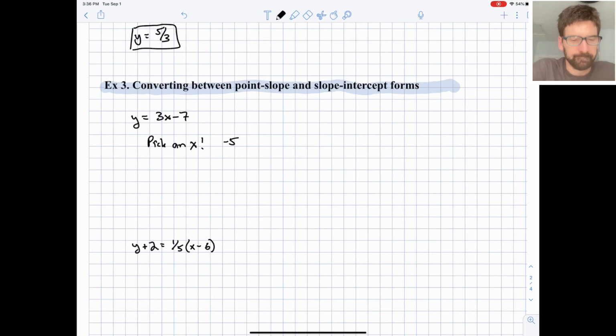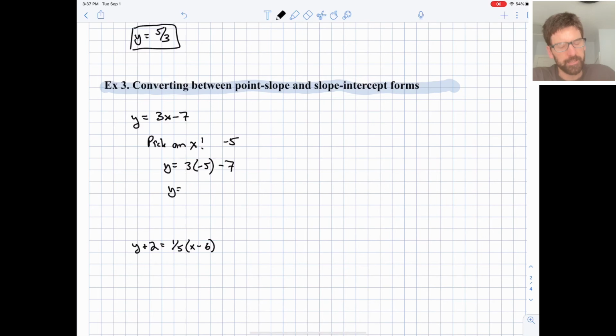Pick an x. Let's solve for y. So y equals 3 times -5 minus 7. So y is -22. Okay? So we have a point, -5 and -22. By the way, someone else could have picked a different x value and we'd get a different point, right? So there are multiple correct answers to this particular problem.